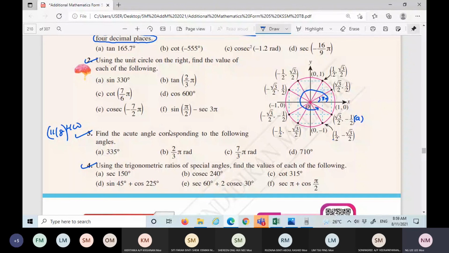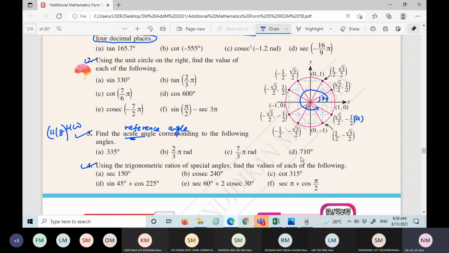Find the acute angle corresponding to the following angles. You just have to find that reference angle. The acute angle here means the reference angle. This one is very simple, because it doesn't involve the trigo, I mean sine, cos. Your reference angle must be the acute angle.